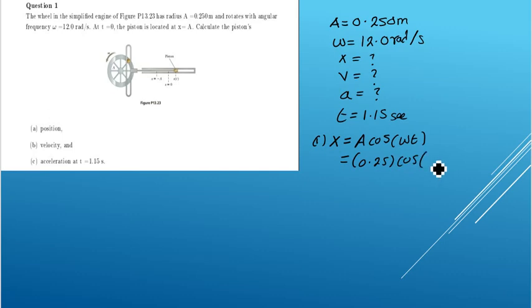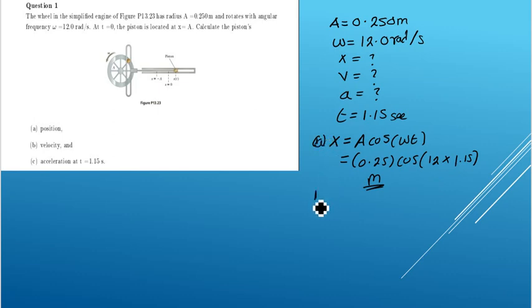It is 12 radians per second multiplied by the time, which is 1.15. So whatever you find here, that is the answer. It must be in meters. This was A.